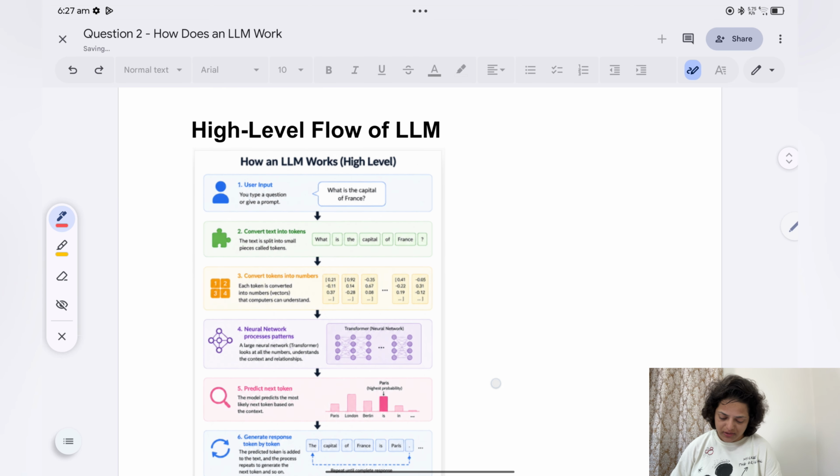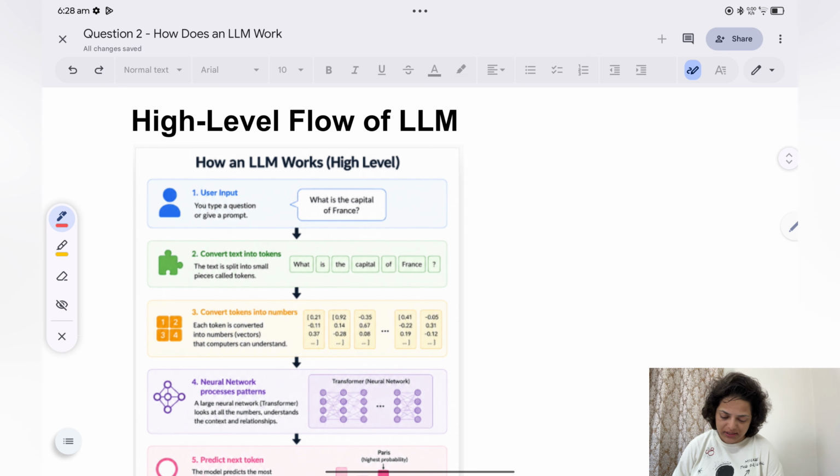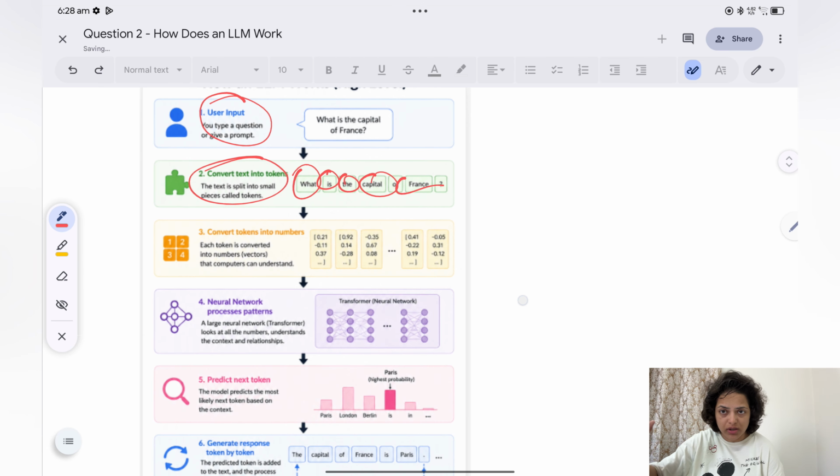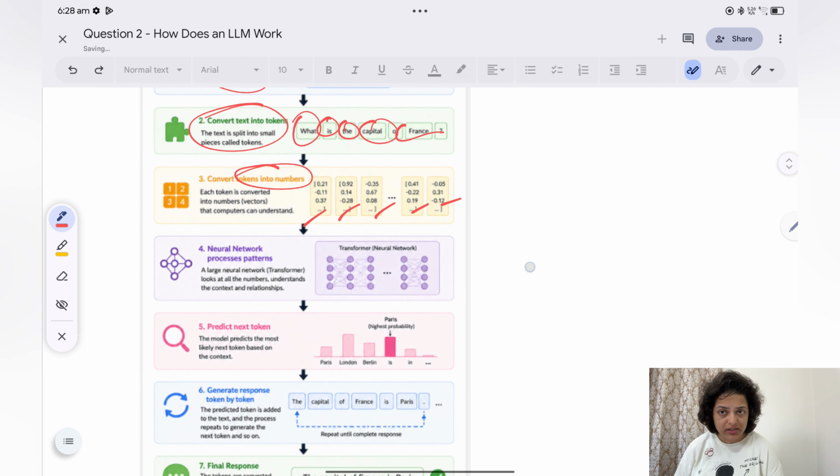So, the high level flow of an LLM. Let's say the user has typed a question: what is the capital of France? First, this text gets converted into tokens. It will break into tokens and then convert the tokens into numbers, which are called embeddings, because the system understands these numbers.